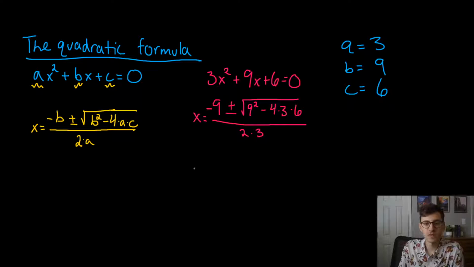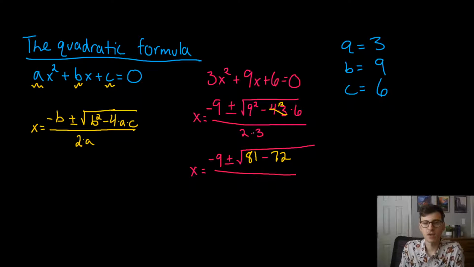Okay, so let's simplify this. We want to start in the square root, so we have negative 9 plus or minus the square root. Maybe I can write what I change in orange. So 9 squared is 81 minus 4 times 3, which is 12, times 6 is 72.